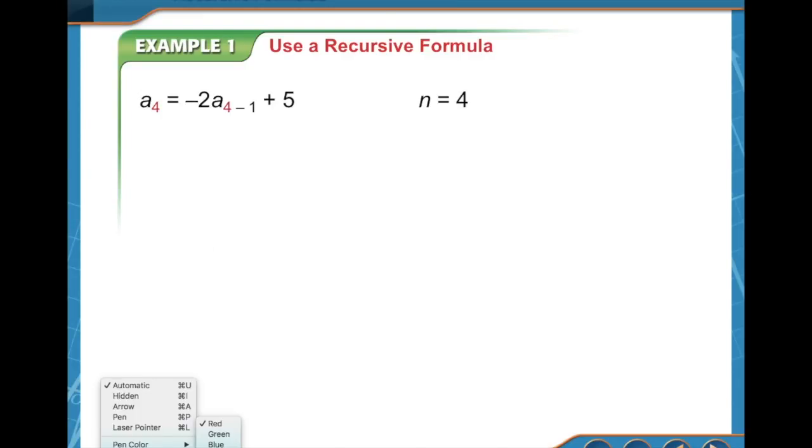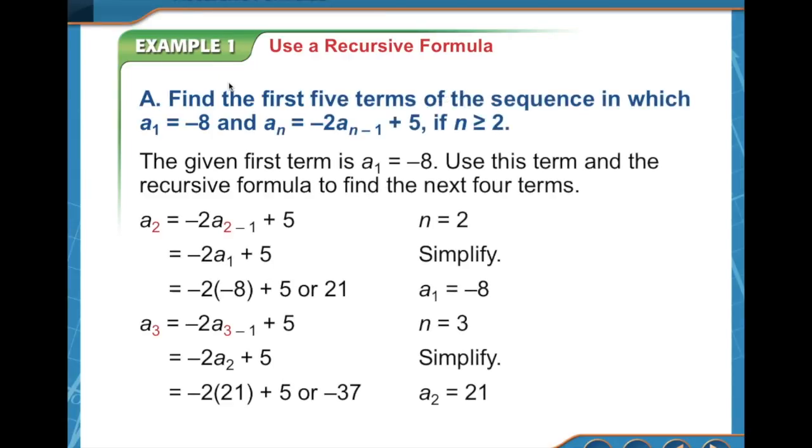We have the same rule, but now we're putting in a 4 to find the fourth term. So a sub 4 minus 1 is the same thing as a sub 3, which we saw based on our previous example was -37.